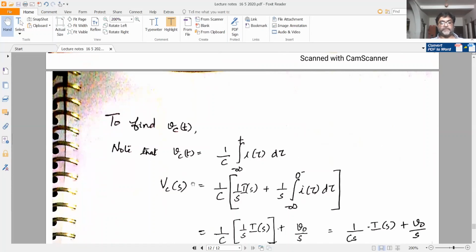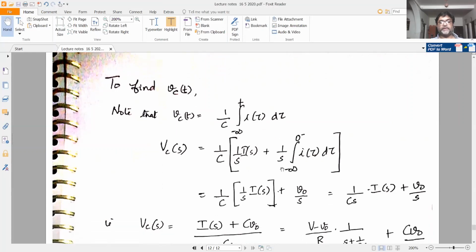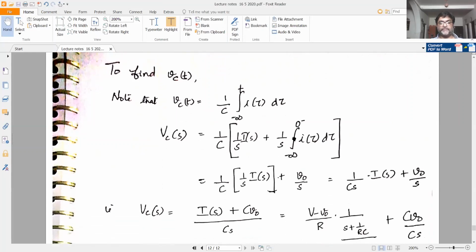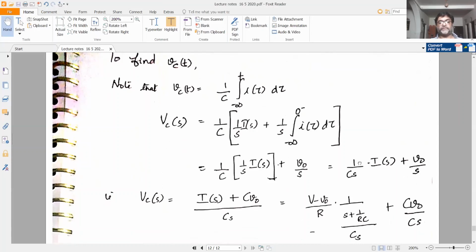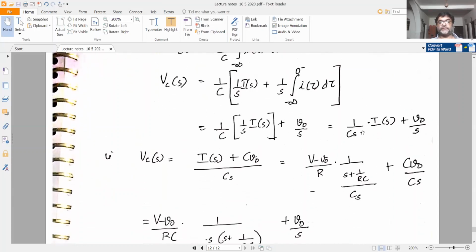Taking the unilateral Laplace transform of this integral, Vc of S is 1 by C into 1 by S into I of S plus 1 by S integral from minus infinity to 0 minus of I of tau d tau, which is 1 by C into 1 by S into I of S plus V naught by S as before. Rearranging, Vc of S is equal to (I of S plus C V naught) by Cs.